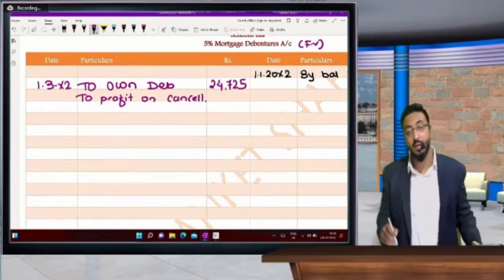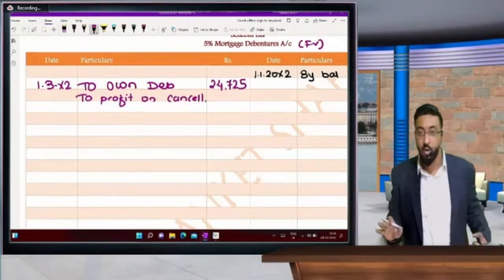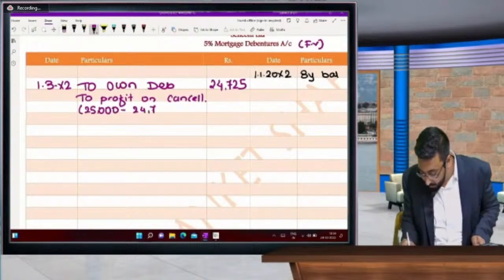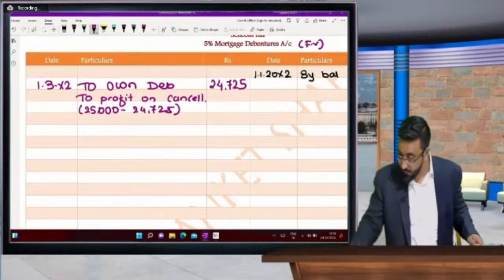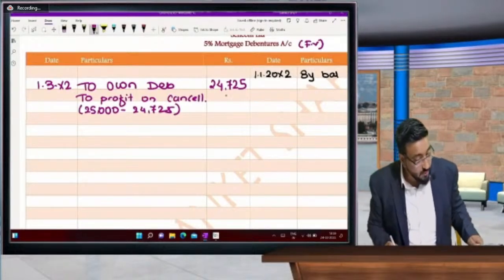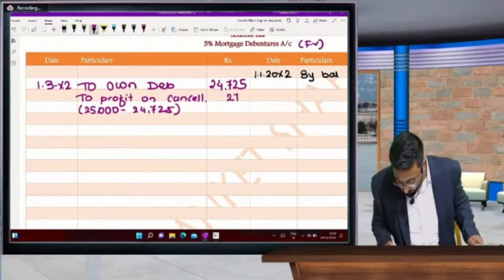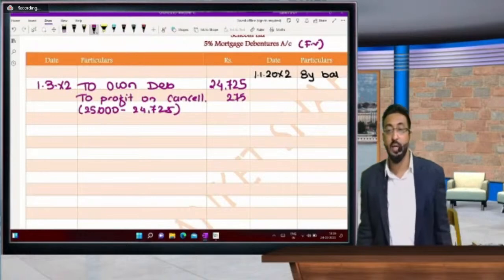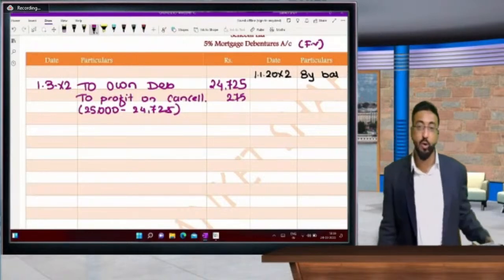After 2 entries, you are going to understand everything. The profit is 25,000 minus 24,725, so this is 275.